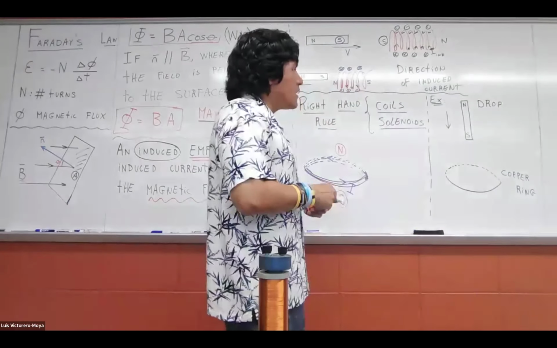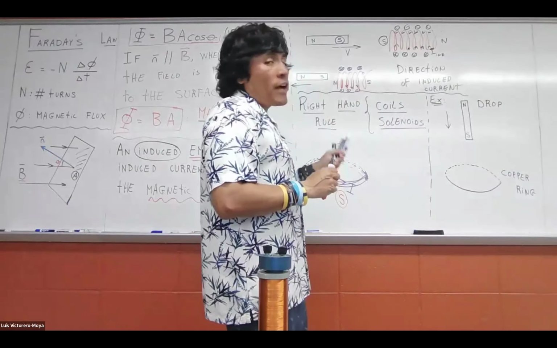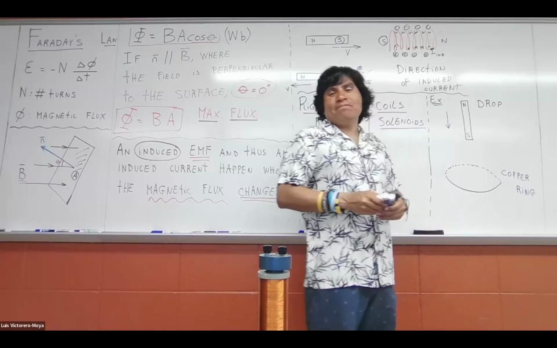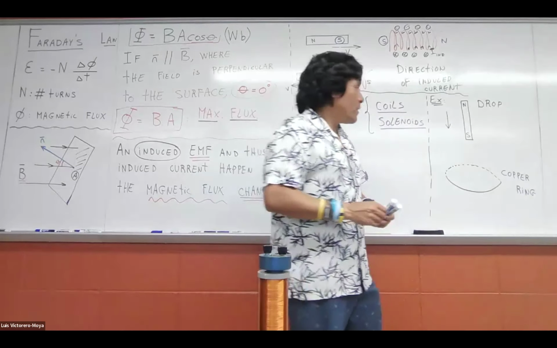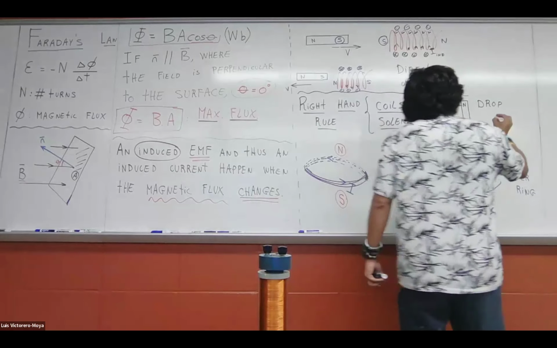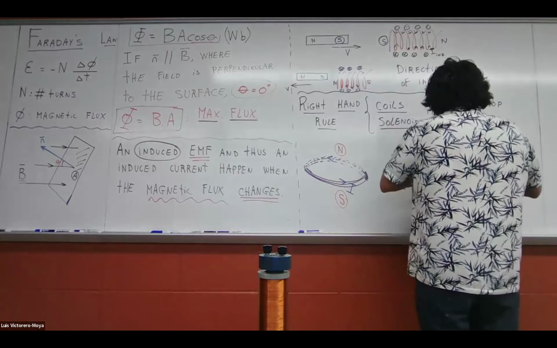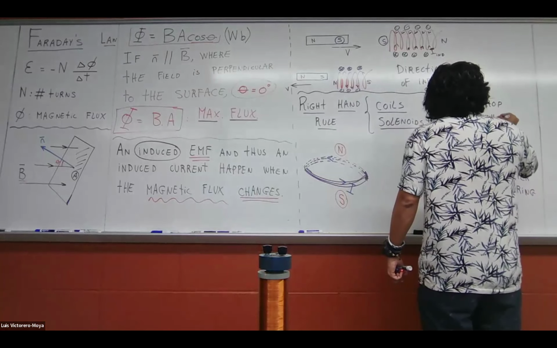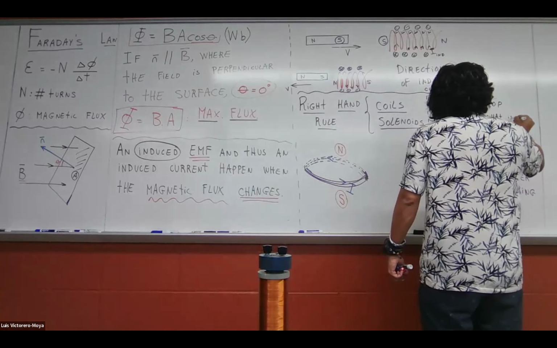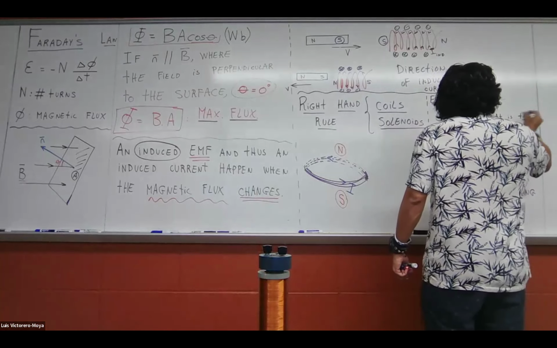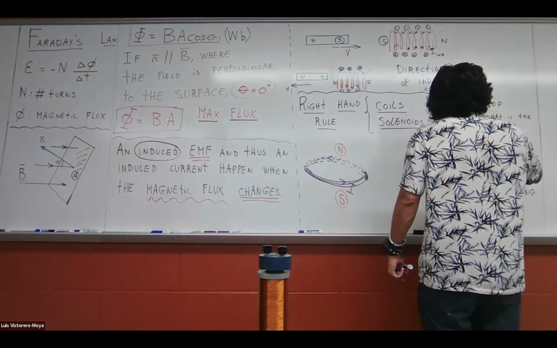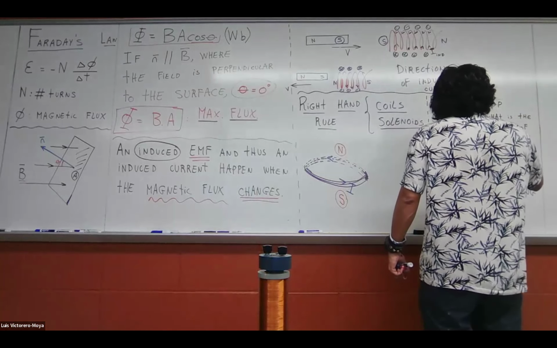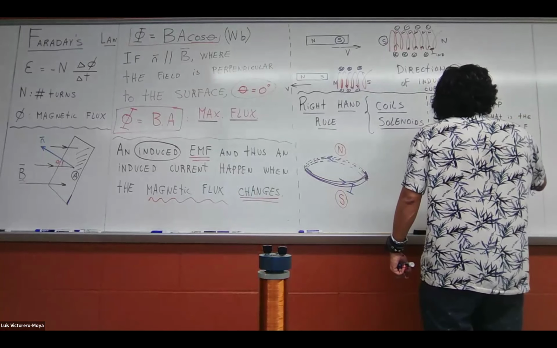And the question is asking you, what's the direction of the current when the magnet goes through the ring? Okay, so what is the direction of the induced current?